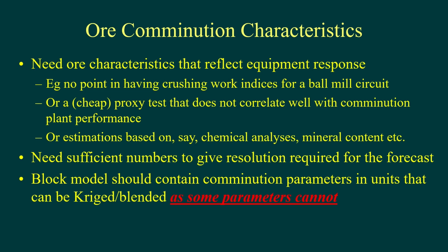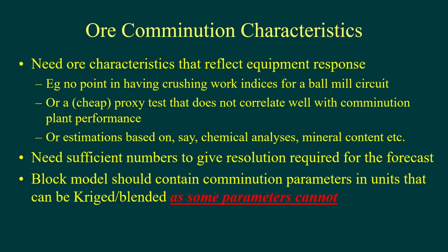There's also a temptation, and I really do understand the temptation, rather than go for the appropriate laboratory tests that give you the comminution characteristics you're looking for, to look for a proxy test, a cheaper test. The problem with these is that quite often they don't correlate with all ore types in the same way in your deposit.